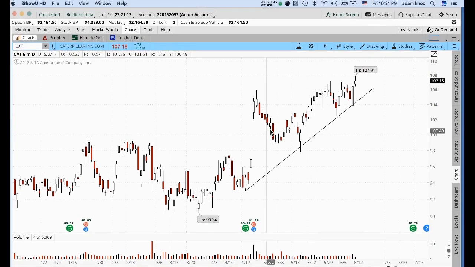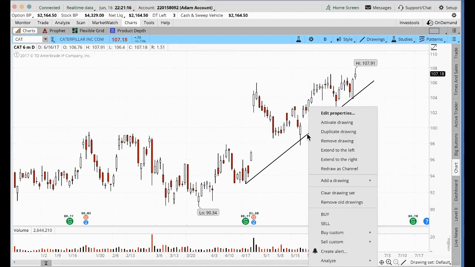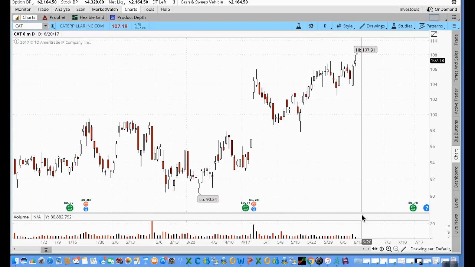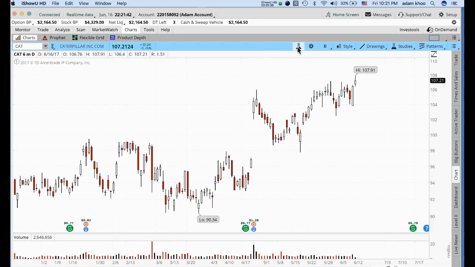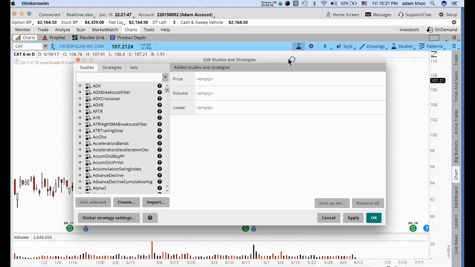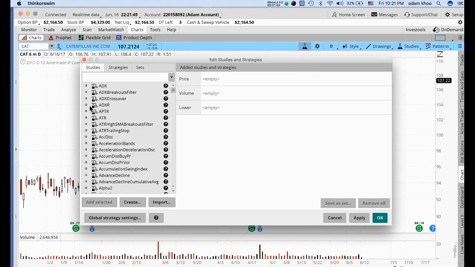Great. So the other thing that you do, let me just remove this, is to put in your indicators, depending on the strategy you're using. You learn many different strategies in the trading course. So for example, a classic strategy would be, if I want to trade the BMR strategy, the Bollinger Mean Reversion, I would go to this icon, which brings up all the different strategies or studies or indicators.